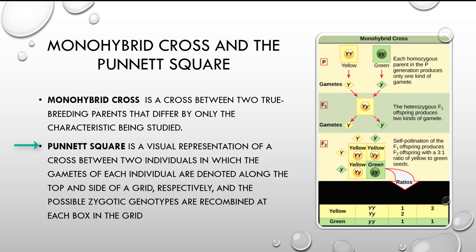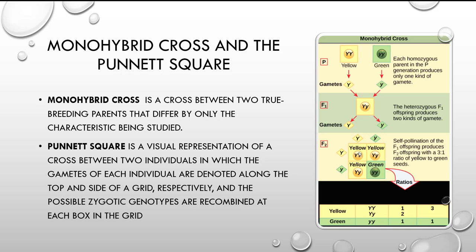So a Punnett square is a visual representation of a cross between 2 individuals in which the gametes of each individual are denoted along the top and the sides of the grid, and then we get a probability of what the possible zygotes will be in the center of the grid.